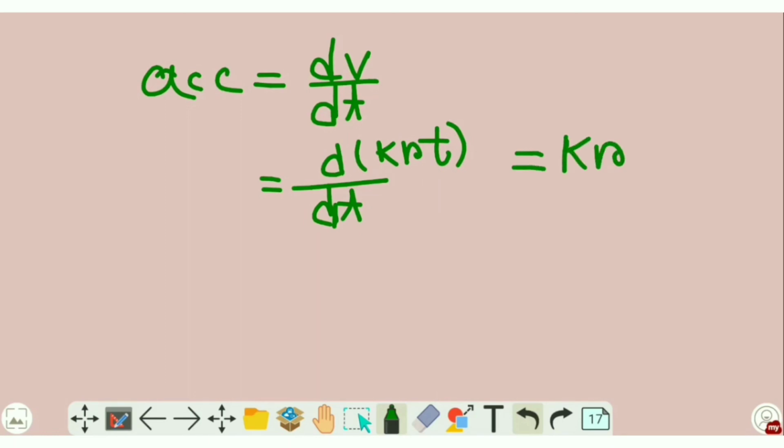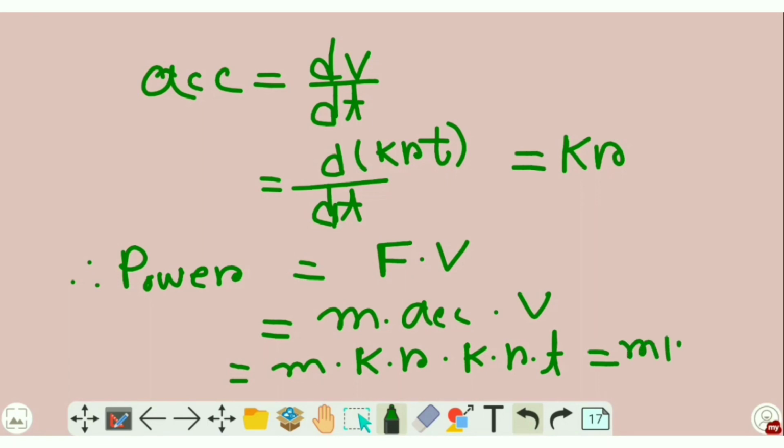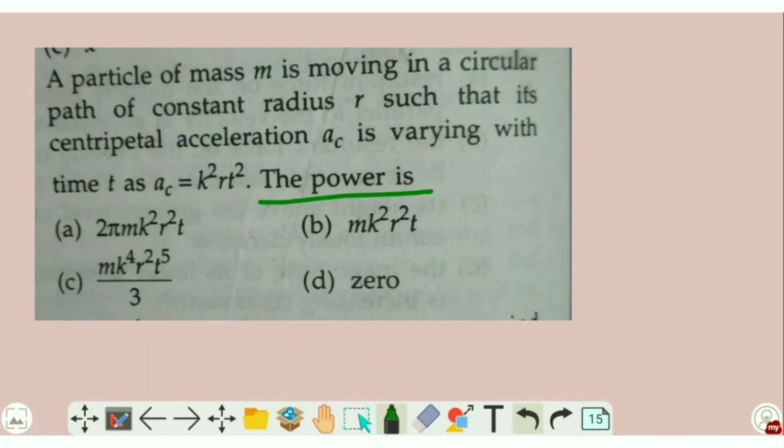Okay, so power is equal to force into velocity. So force is equal to mass into acceleration, into v. So mass into k into r into k into r into t. So that becomes m k square r square into t. So option B is the right answer.